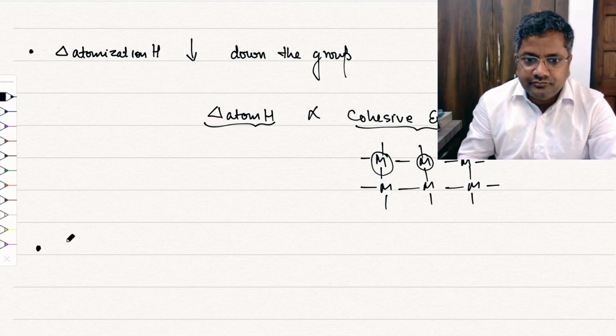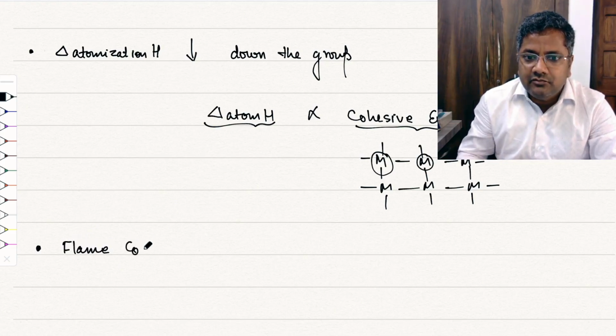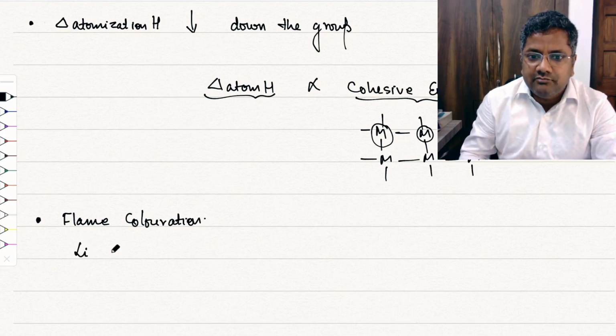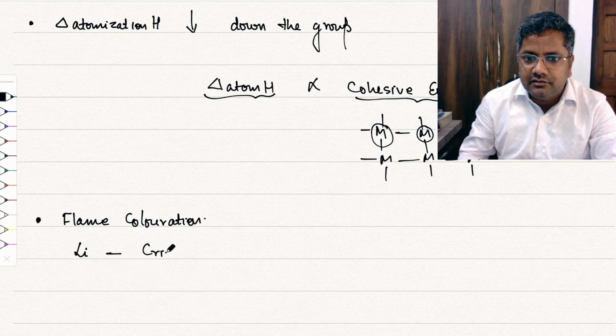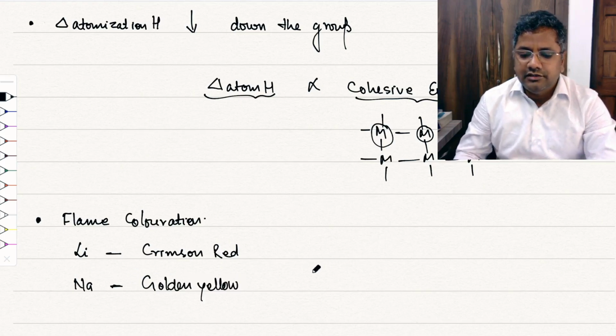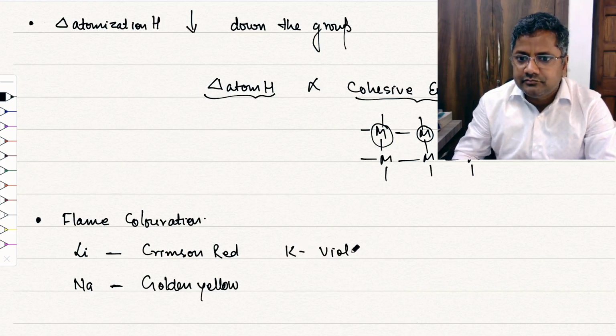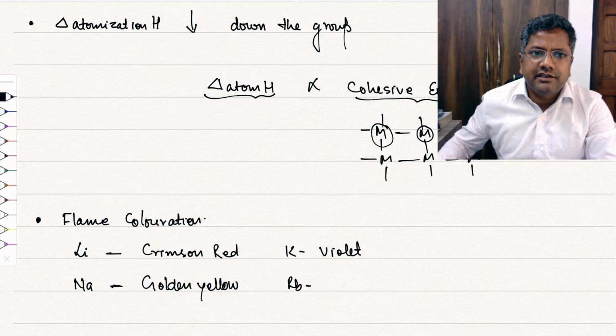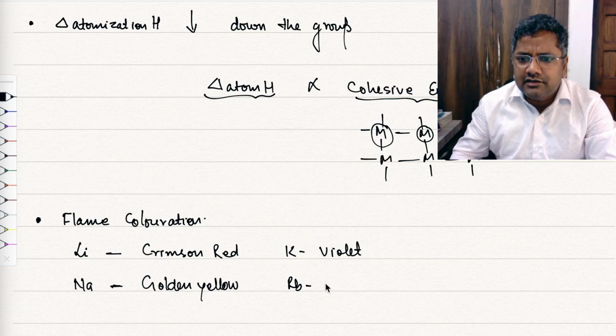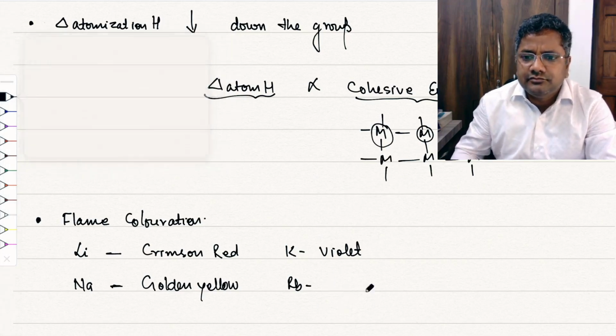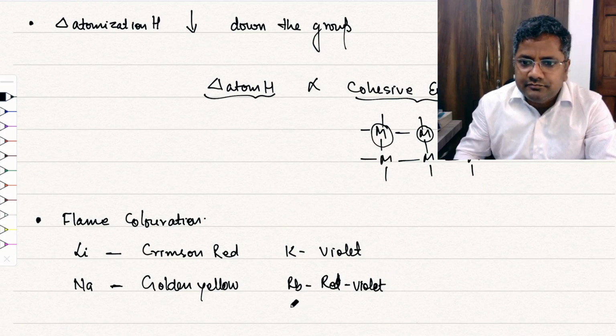So flame coloration: lithium imparts crimson red, sodium golden yellow, potassium violet, rubidium dark violet or red violet, and cesium blue.